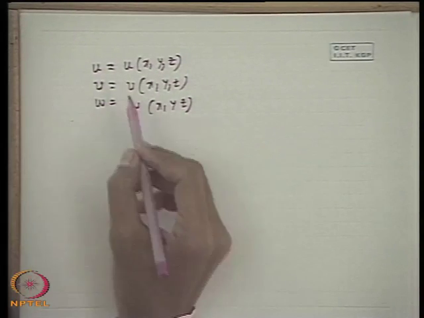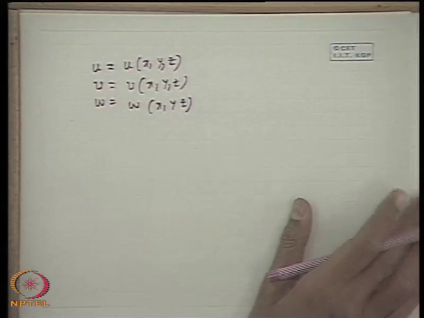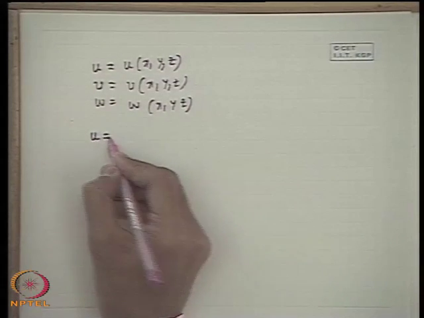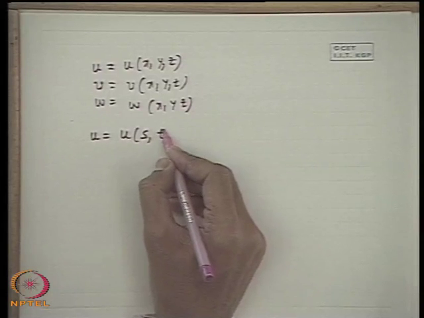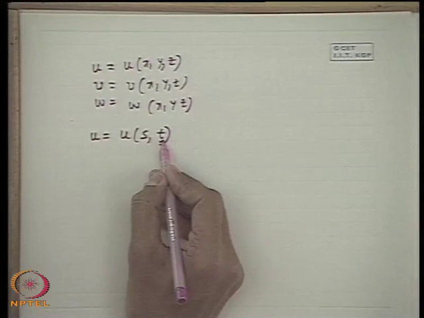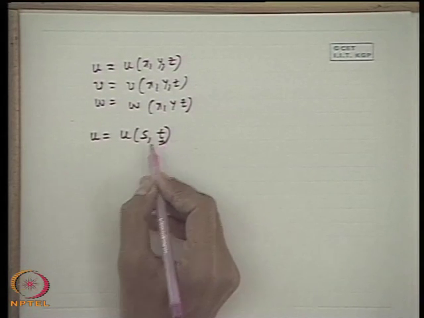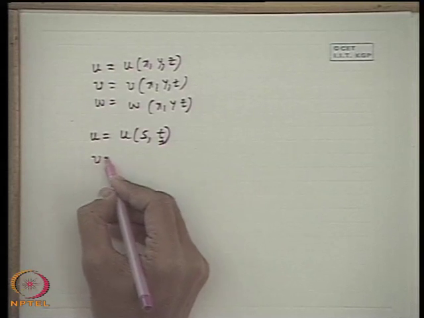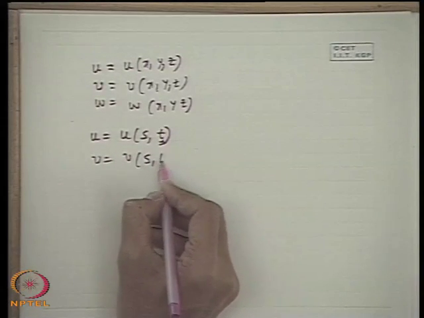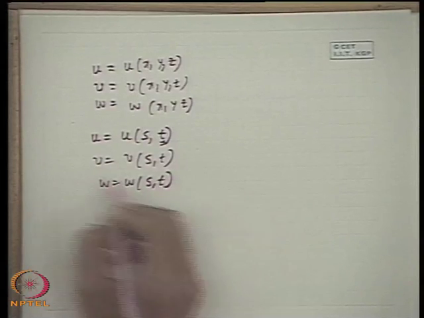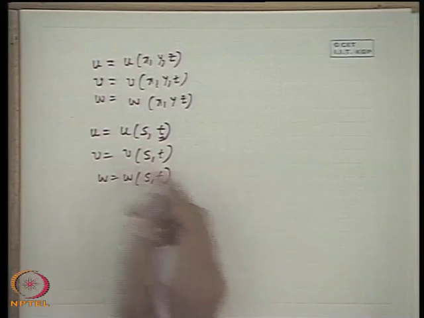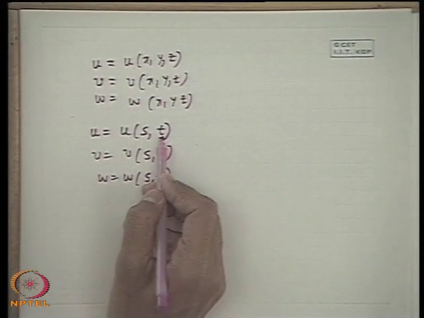But for a turbulent flow, under any condition, the velocity component u is a function of the space coordinates x, y, z, and also of time. And this function of time is an irregularly fluctuating function. So v is also a function of x, y, z and t, and w is also a function of x, y, z and t. Even for a steady turbulent flow, there is an irregular fluctuation with time.